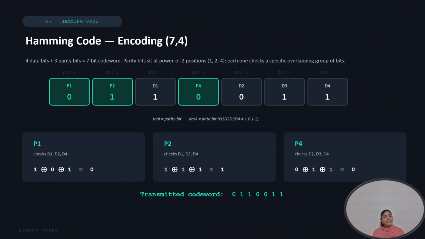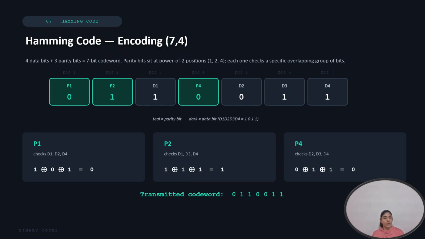Right. So next is the Hamming code. In the Hamming code, check the title that I mentioned: Hamming code encoding 7, 4. There you are seeing two values, 7, 4. The 4 represents the data. The 7 represents the total bits. So how many parity bits do you have to use? Total bits minus the message bits. The total is 7, the message is 4.